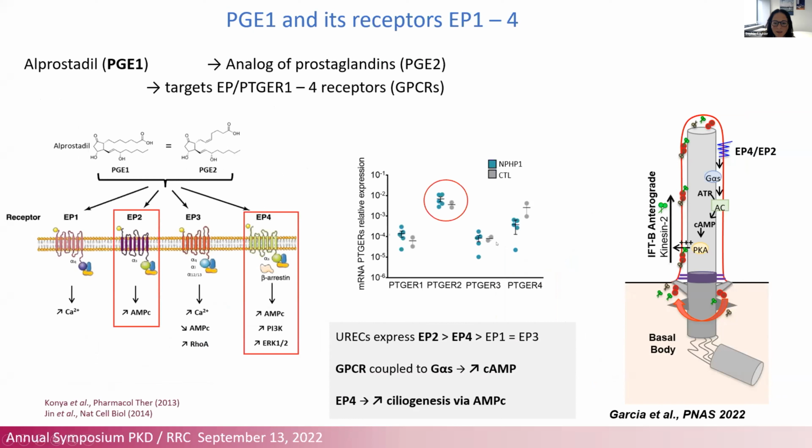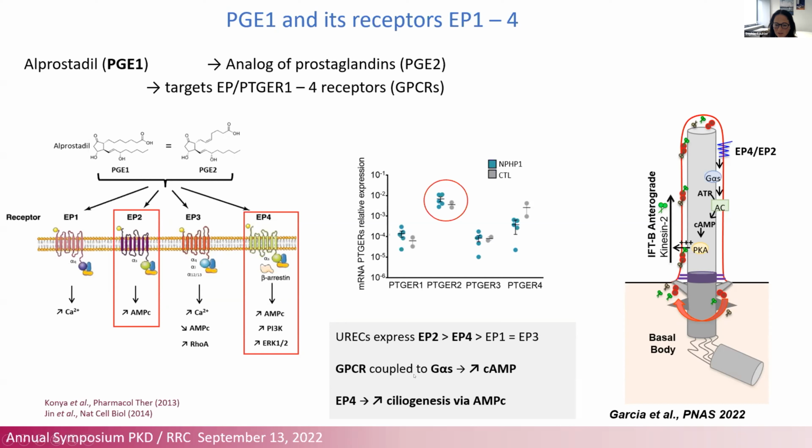As you see here, in the UREC cells, using RT-qPCR, we were able to see that the predominantly expressed EP receptor was EP2, with less extensive EP4. These 2 receptors are G-protein-coupled receptors that are G-alpha-S activators and that increase cyclic AMP.